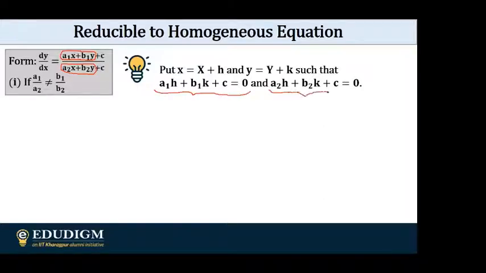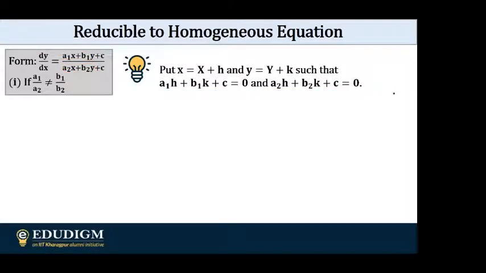I'm going to choose h and k in such a way that these things happen. Now, let's see the basic algorithm here, how we can solve this, and also why we need the condition. Let's just do one sum so that you have a very clear idea of why we are substituting this and what these conditions are.